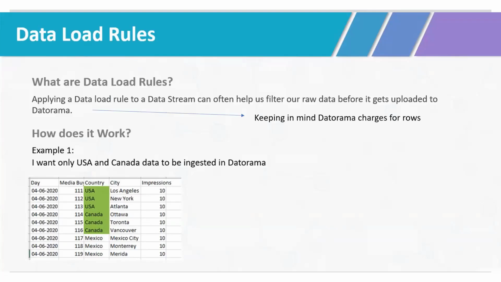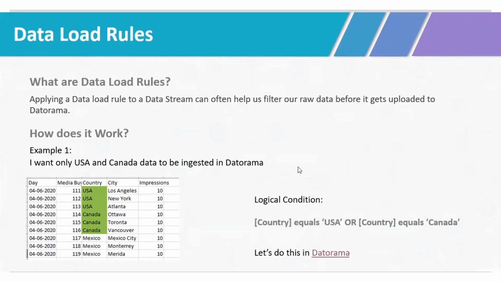Now, in any other case, when you write a logical condition using operators, it will be country equals USA or country equals Canada, right? So that will give me the data when I want two countries.